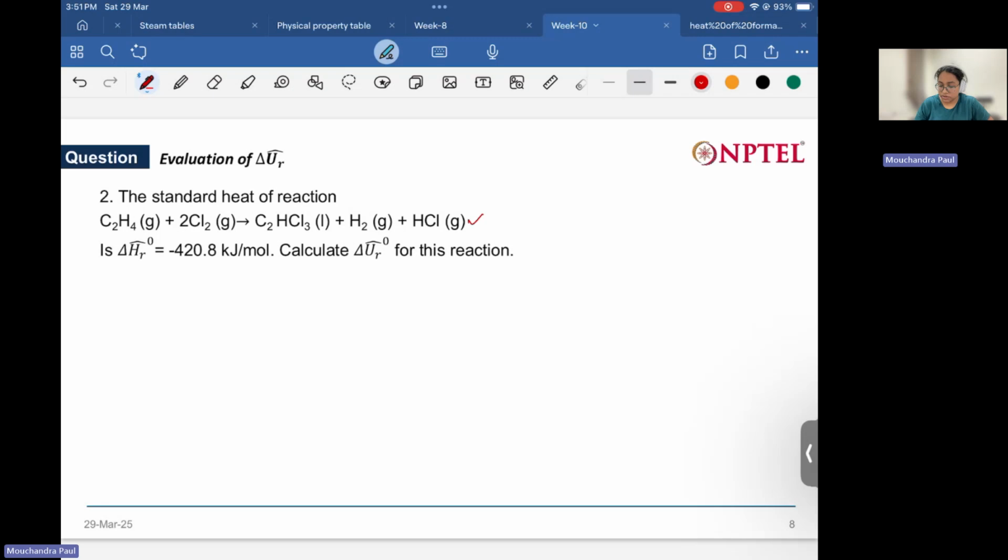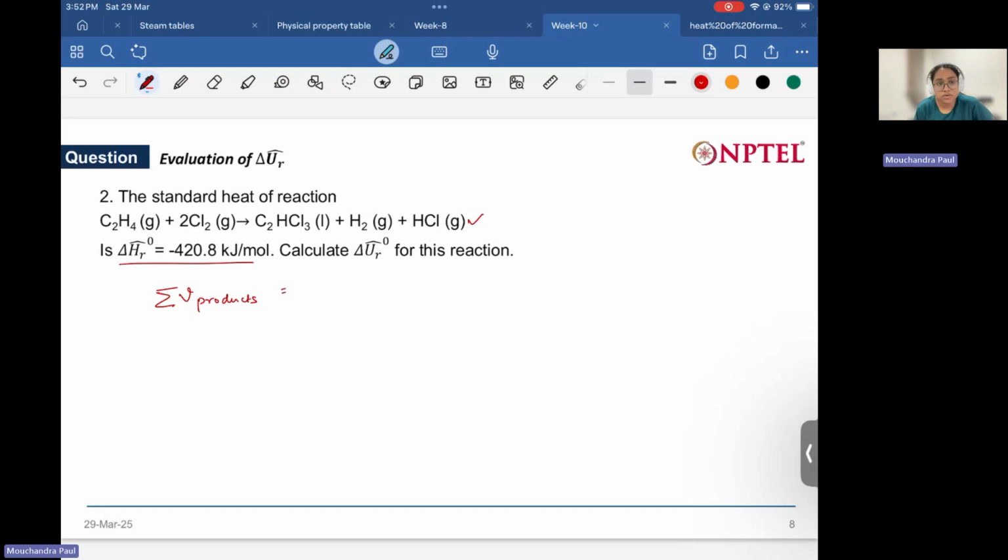This is the reaction expression given to you, and for this reaction, the standard heat of reaction is this. You have to calculate the change in internal energy of this reaction. So first, let's calculate the summation of the stoichiometric coefficients for products.